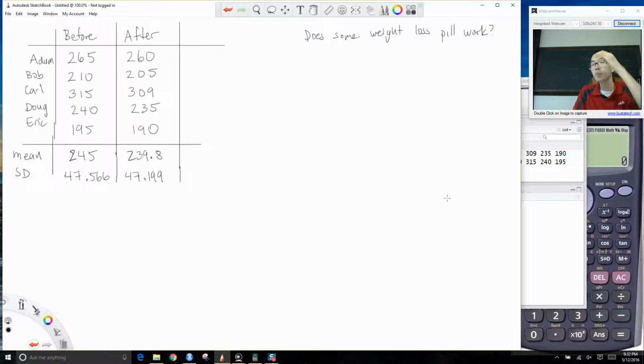Now, if I treated this as an independent t-test, so this is the wrong way to do it, it would be to treat this as an independent test, which would be mu1 is equal to mu2 as my null hypothesis, and the alternative would be that mu1 does not equal mu2.